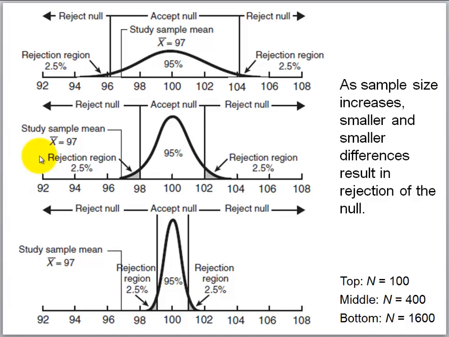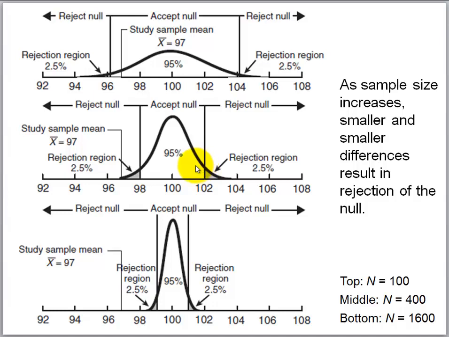And so now we would be dividing 20 by the square root of 400. And the standard deviation of this sampling distribution would therefore equal 1 rather than 2.